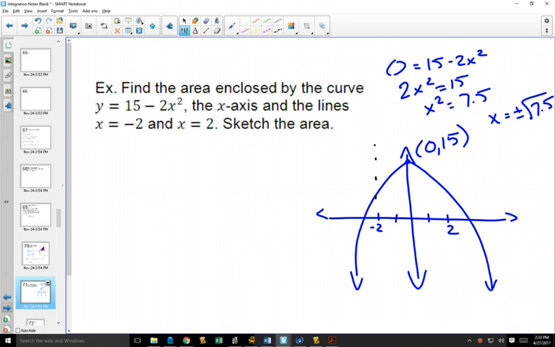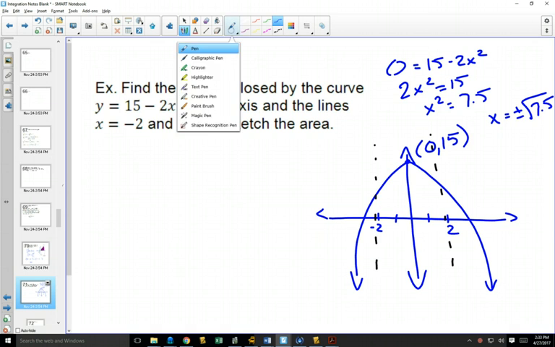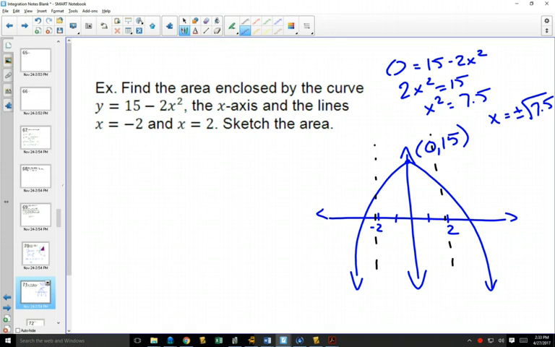So if those are our lines, take out a crayon, that's the area we're going to find. Again, none of it's negative.